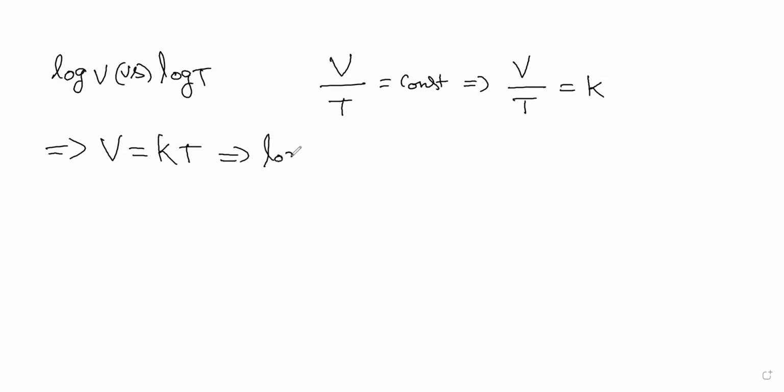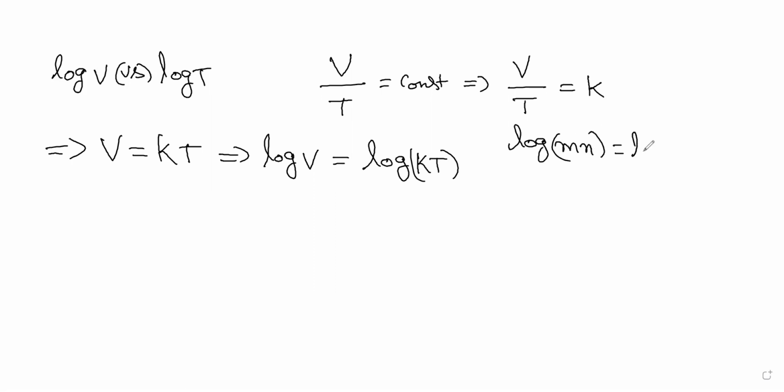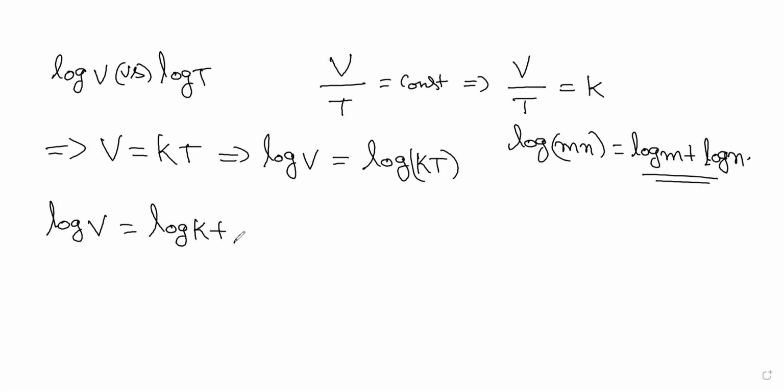So you have log V is equal to log KT. So you have log MN is equal to log M plus log N. So using this formula, we have log V is equal to log K plus log T.